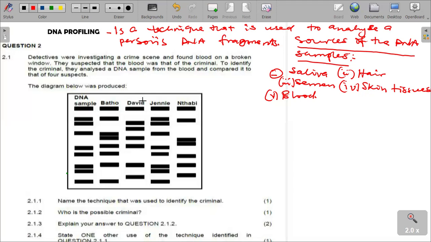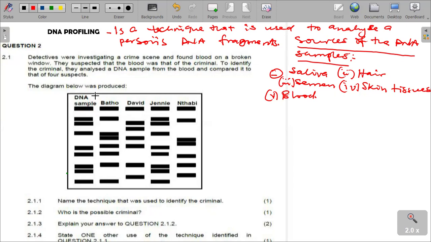So the DNA samples are collected. In this regard, the blood sample found on the broken window is the one that would be compared against the suspects.